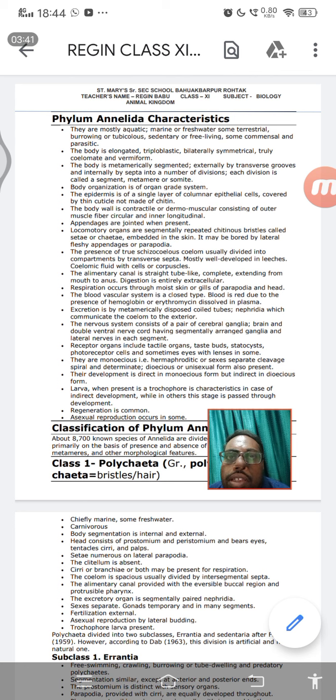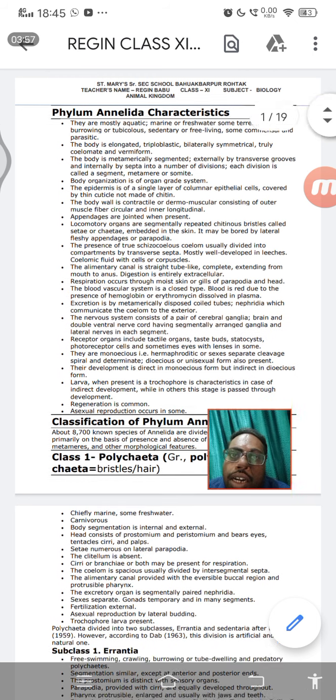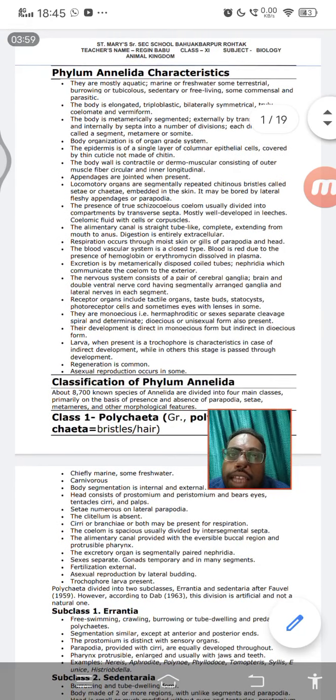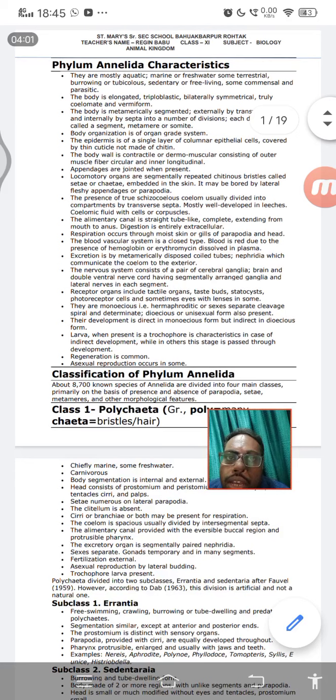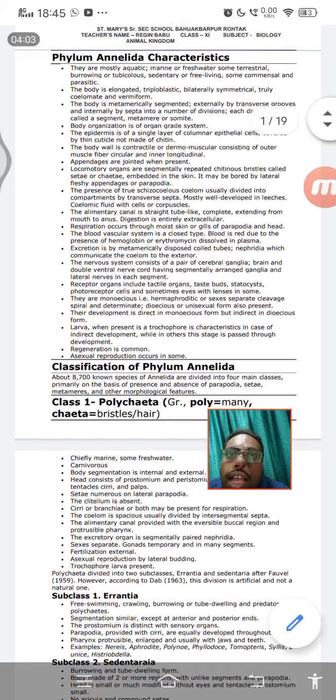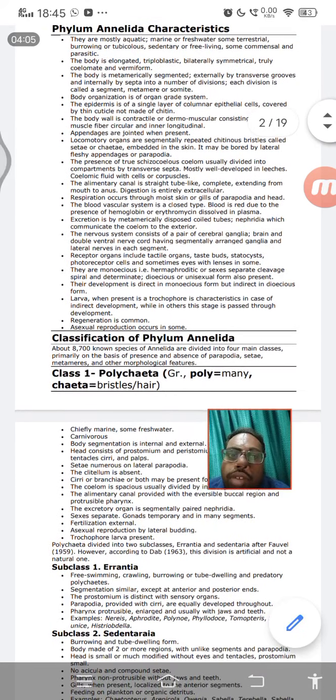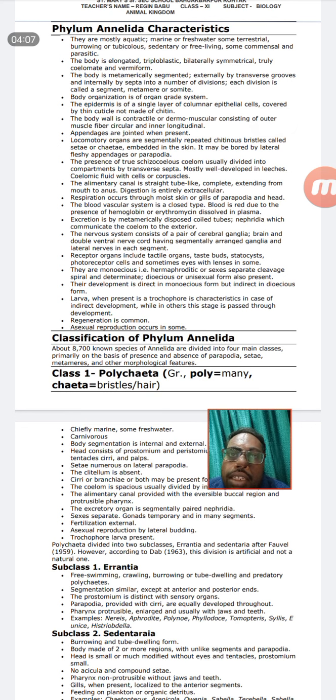In each and every segment particular organs will be there, and we have organ grade system. That means one particular organ will do one particular function. That system is started, and they have a well developed body wall, and appendages are jointed.